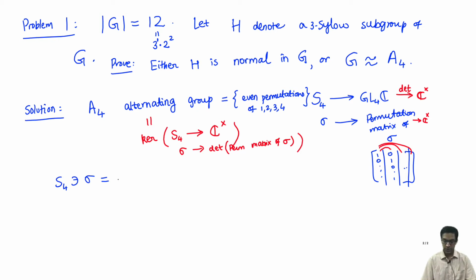A transposition is just a permutation of the form (i j), which means that it leaves all the other numbers fixed and it sends i to j and j to i. Okay, so that's a transposition. So this sort of permutation is what we call a transposition, and it's a fact that any permutation can be written as a product of transpositions.